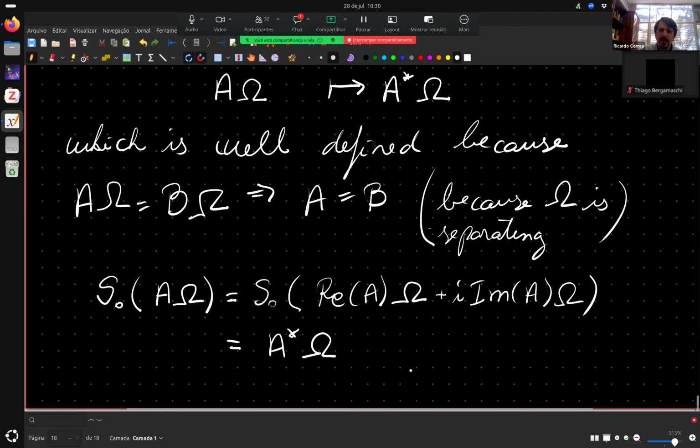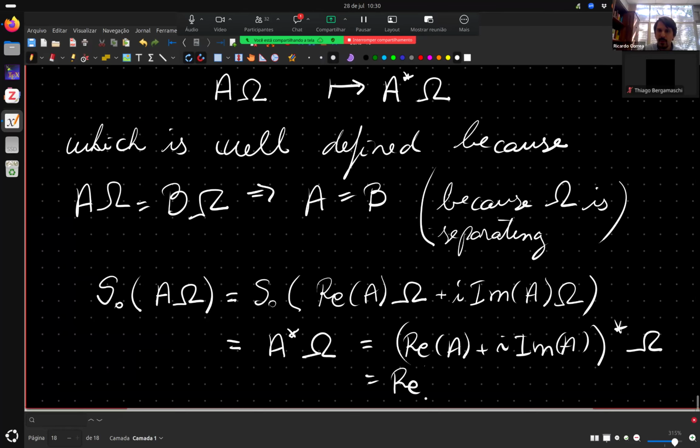But what is A star omega? Well, that's the real part of A plus I imaginary part of A, star, acting on omega. Well, but the real part of A is self-adjoint. The I gets a minus sign. And the imaginary part of A is also self-adjoint.